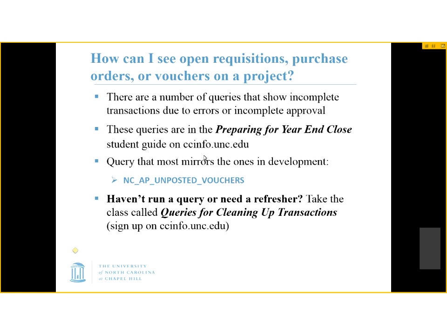The thing about this list is they're very useful, but it's quite a long list. So what I would recommend is there's one query on there that's very close to what you will have with the unposted queries that you could use in the meantime. And that's this one right here, NC_AP_unposted vouchers.